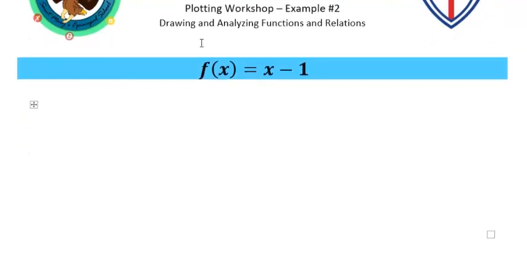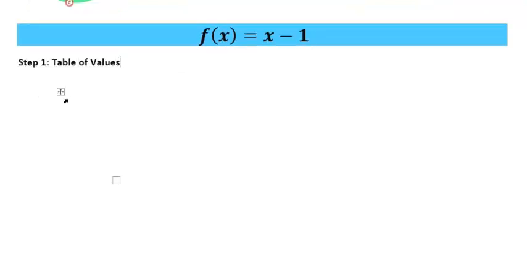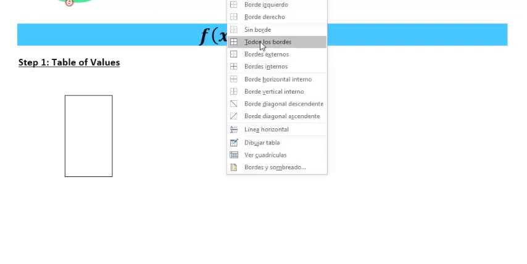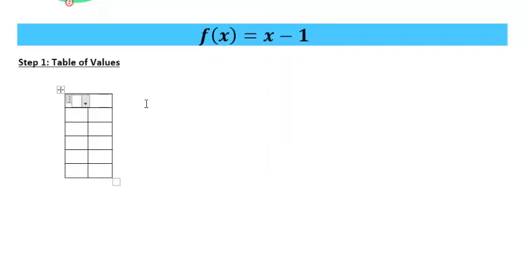Okay, we are going to begin with step 1, table of values. For the table of values, we're going to have to make a table like this one. We're going to put x and y in here.